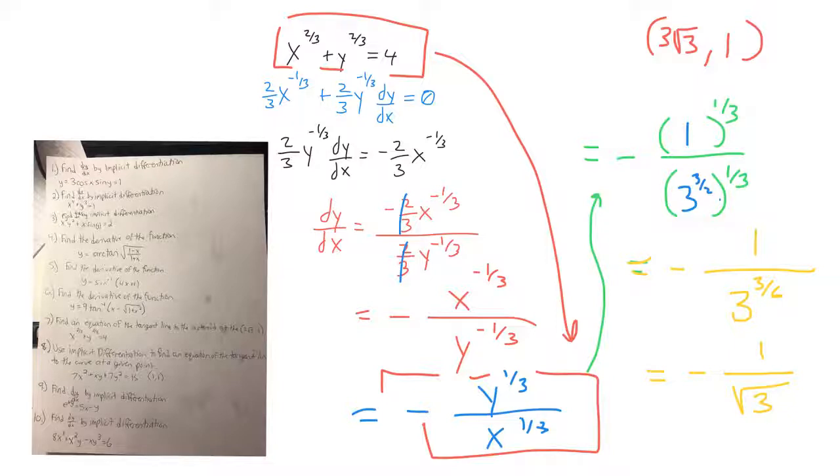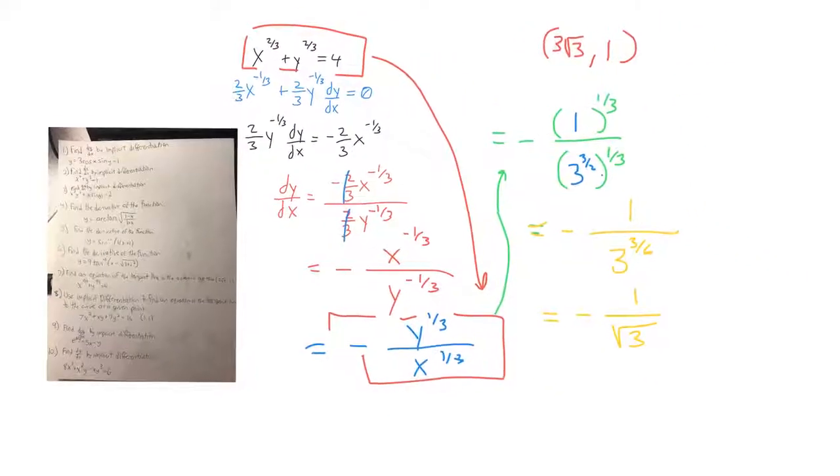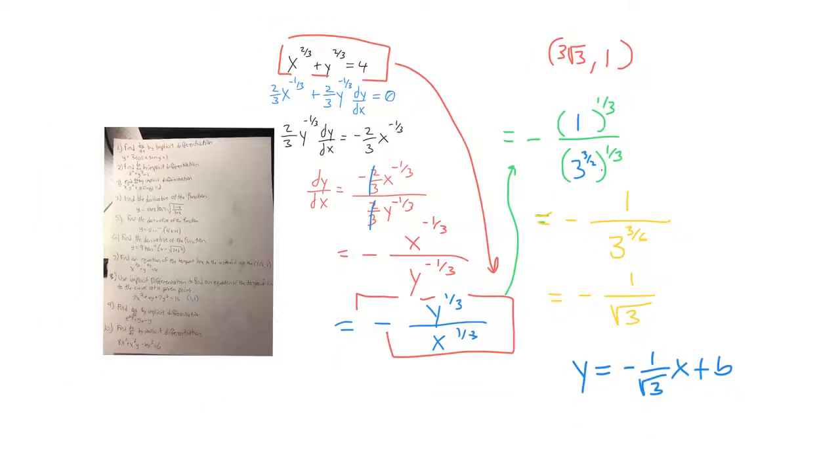And that is hugely helpful because what do we have? We have a slope and we have a point. Easy peasy from there. Most teachers would have you write the equation like this first, and then you have to find b. Well, how are you going to find b?